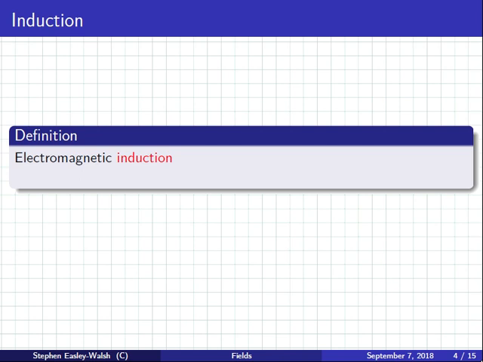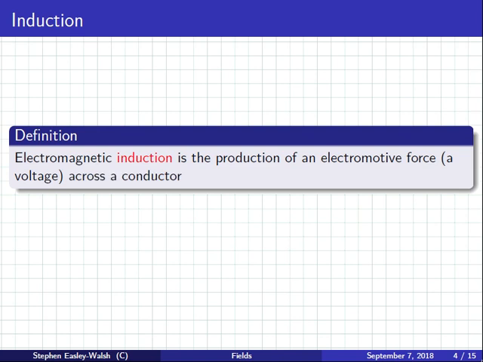The definition: electromagnetic induction is the production of an EMF across a conductor exposed to a time varying magnetic field. There's a lot of words here. Induction is when you make a voltage in a conductor because you change the magnetic field.